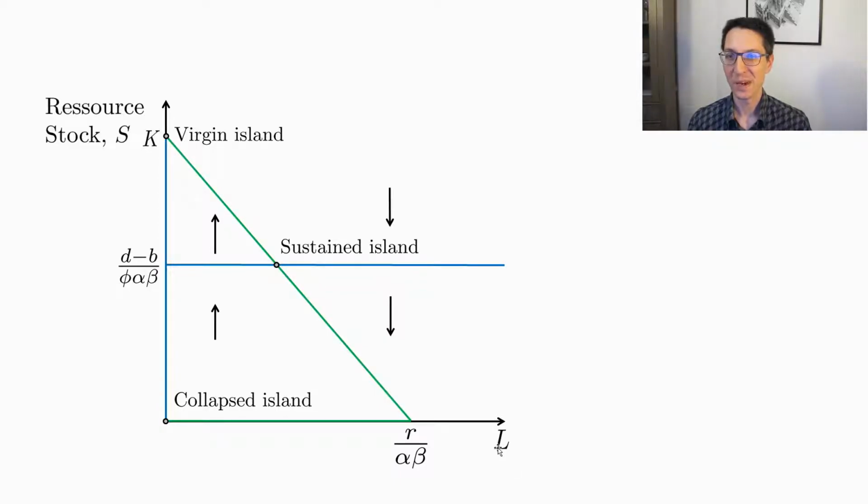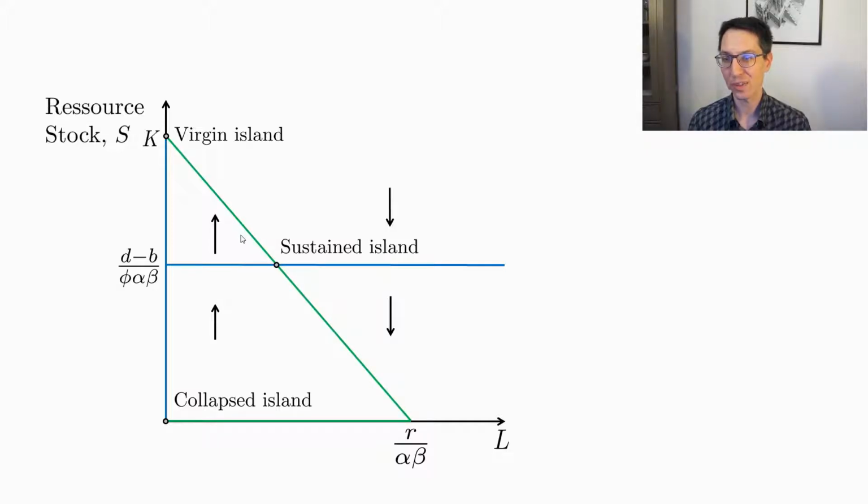So what did we learn so far? Well, we've learned that, first of all, it's just described by this value of S. So we know that if the nature stock is (d - b)/(phi alpha beta), L is at steady state. And imagine that from that value, I slightly increase the stock of nature.